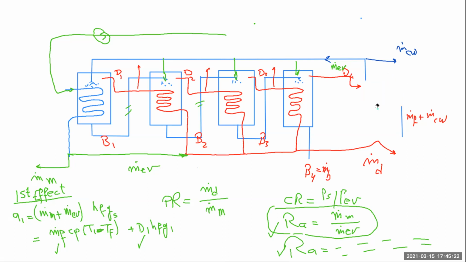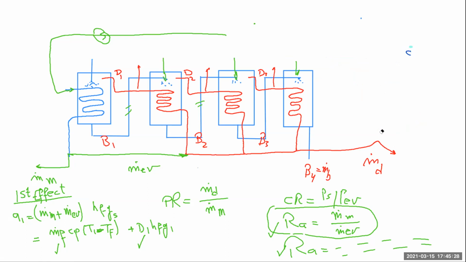If I take out this condenser and actually take the vapor which is leaving the last effect, this vapor can get into a mechanical compressor, and the compressed vapor is going to come here. So that makes an MED system with mechanical vapor compression.